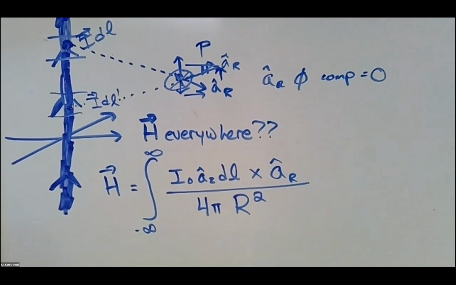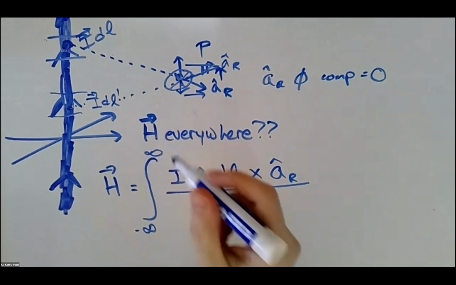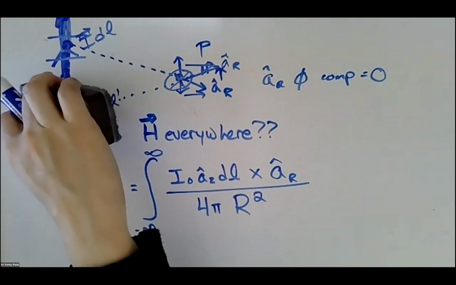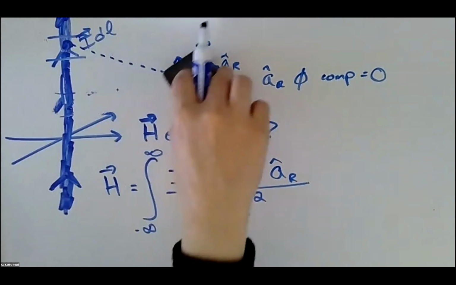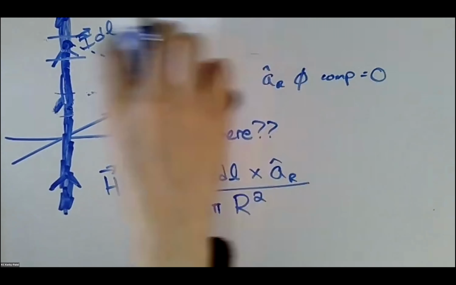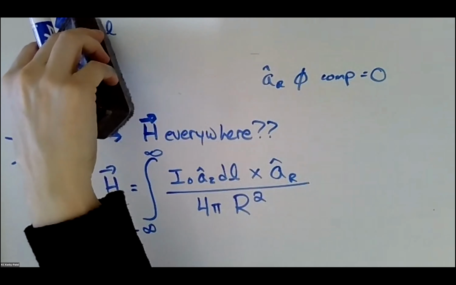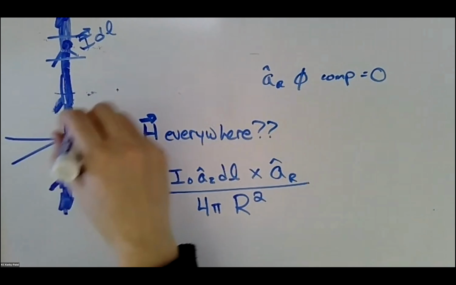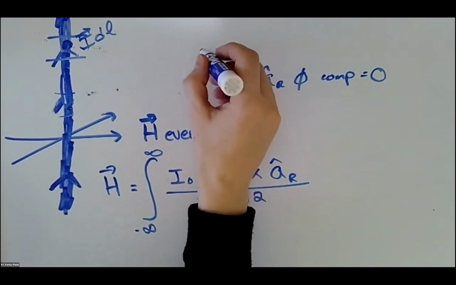So cool. a hat z cross the rho component of a hat r. So let's figure out what the rho component of a hat r is using similar triangles. The convention is that we use primed coordinates for the coordinates of integration and unprimed coordinates for our observation points.